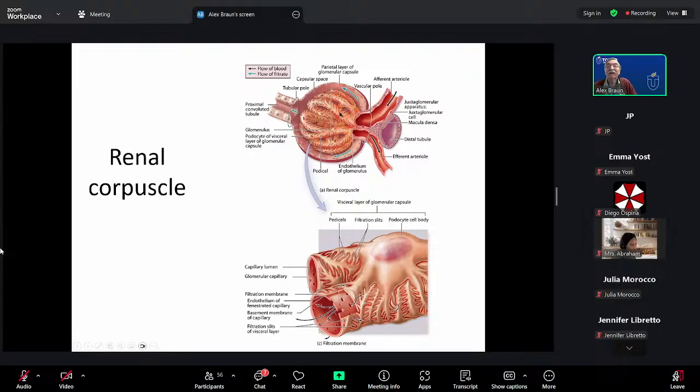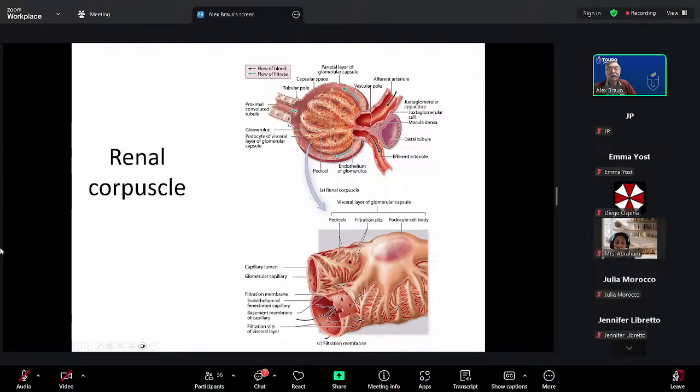These special visceral epithelial cells, which form part of the capillary wall, which embrace the outside and become incorporated into the outside of the capillary wall, are called visceral epithelial cells or podocytes. And they have processes like you see here at higher magnification. The largest processes are the primary podocyte processes, and those further divide into secondary processes like you see here.